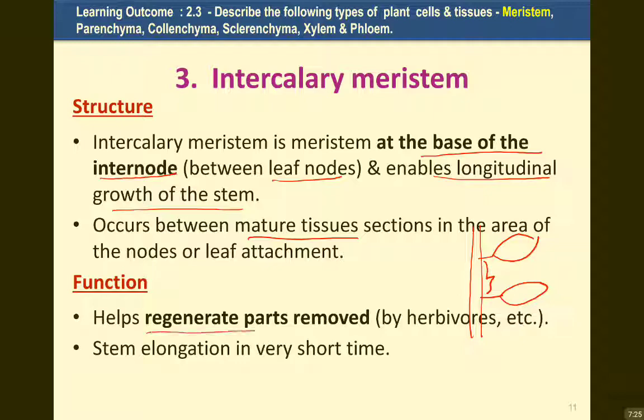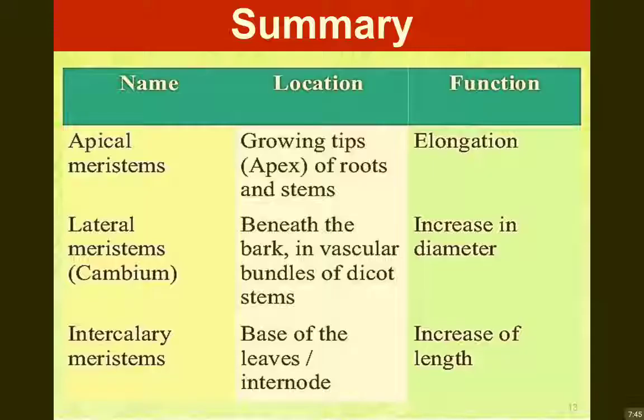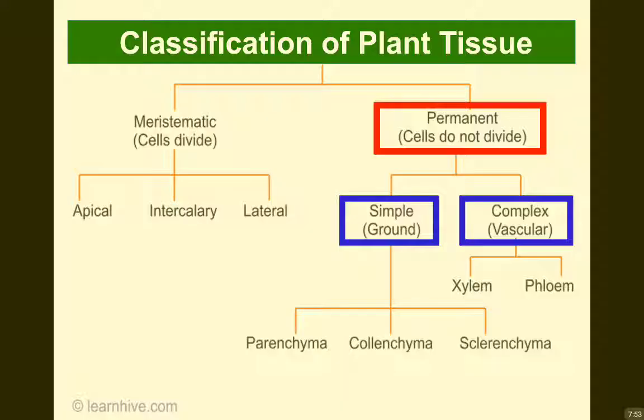To regenerate the parts which have been removed and the stem elongation in a very short time. So for example, you can find it in the grass and bamboo. Okay, between the nodes here. So intercalary meristem. Alright. So the summary here, you should know about the location and the function for each of the meristem tissue.